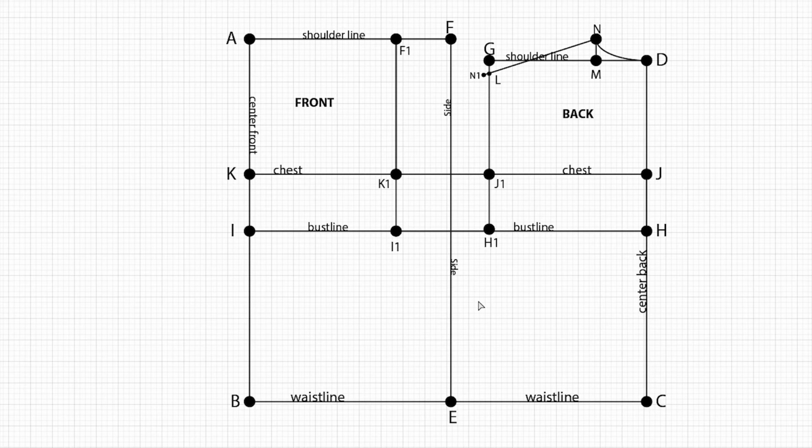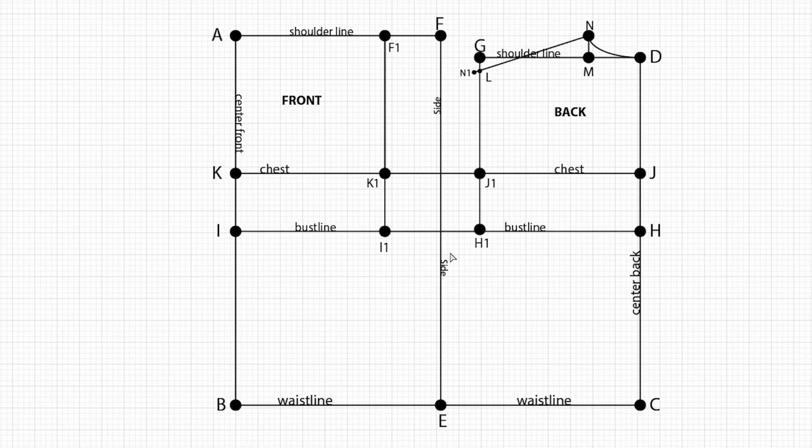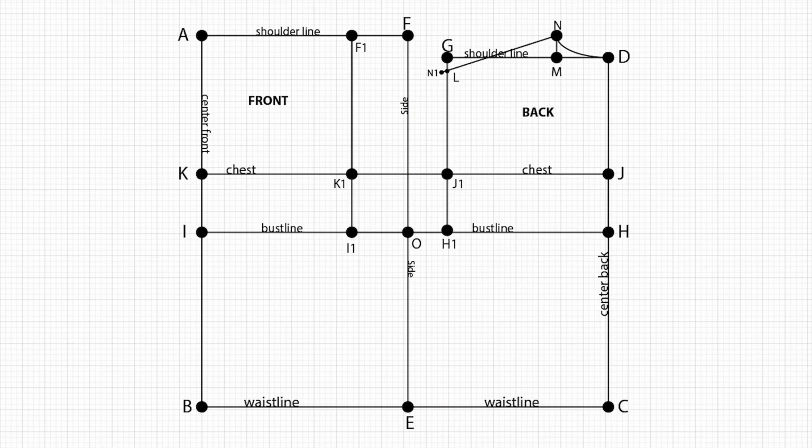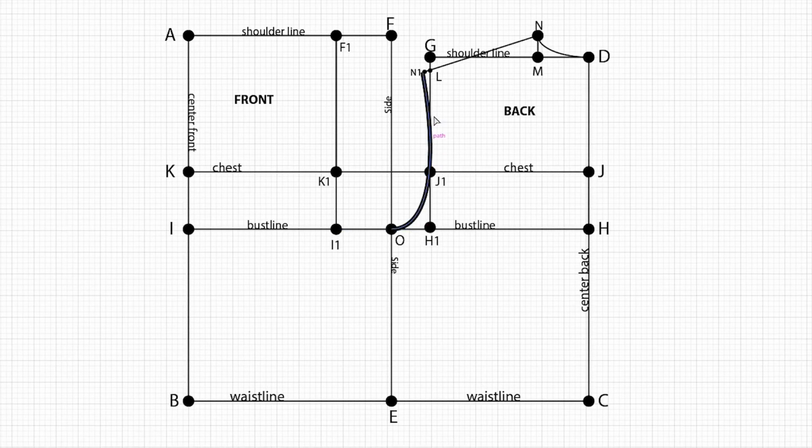Where the side line intersects the bust line, create a point and label that point O. Now from point O to point J1 to point N1, so you're going from N1 to J1 to O. This is where we create our armhole curve, so go ahead and create it. I've created my armhole curve and put a little more emphasis on it so you can see the shape of it.